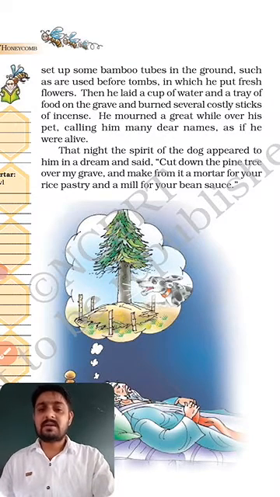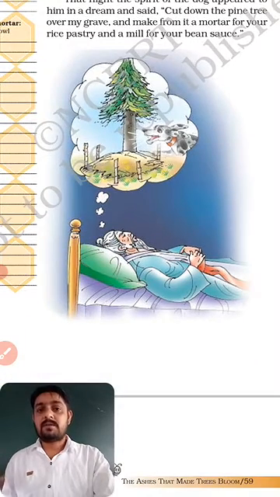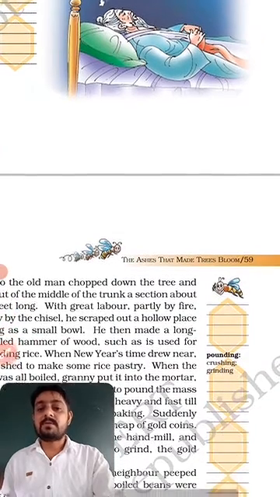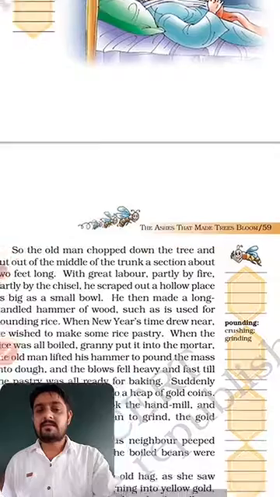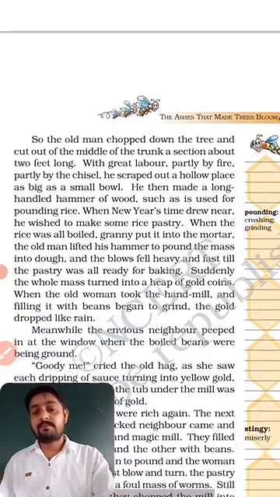This is what he told his master to make. So the rice pastry he will make by cutting the pine tree. Everything was said by his dog in his dream.